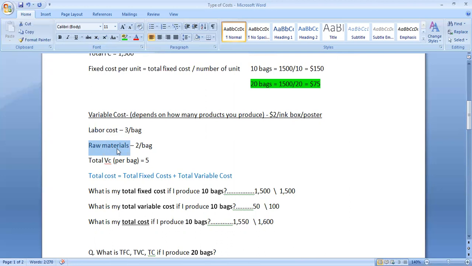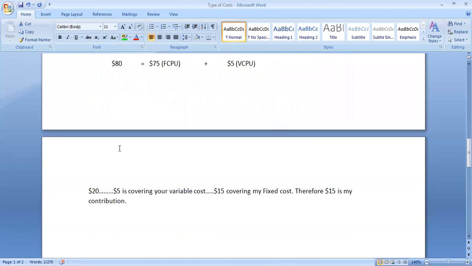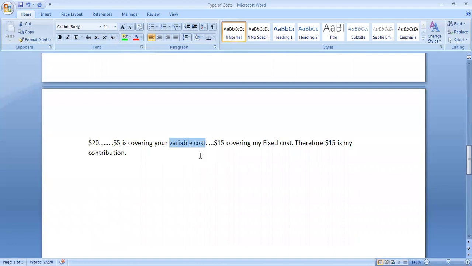So you must at least cover the variable cost. And whatever is left, in this case $15, will cover your fixed cost. Maybe it will take 5 years, maybe 10 years, we don't know, to cover the entire cost. That is why this $15 is called contribution.